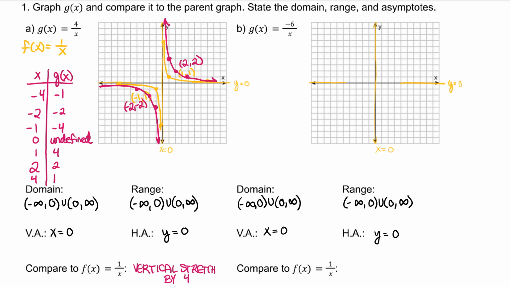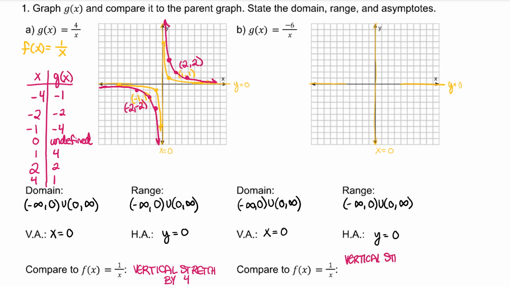For part B, we have a vertical stretch by 6 and a reflection in the x-axis because of the negative.